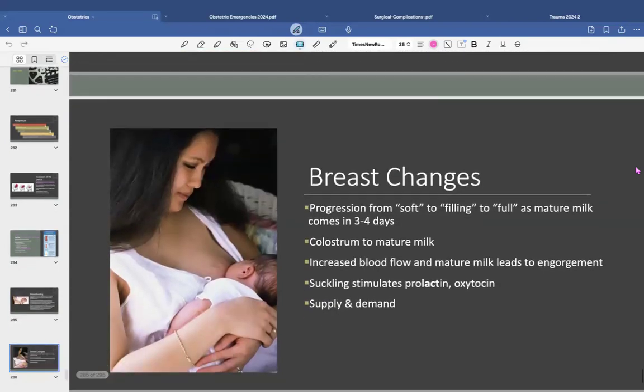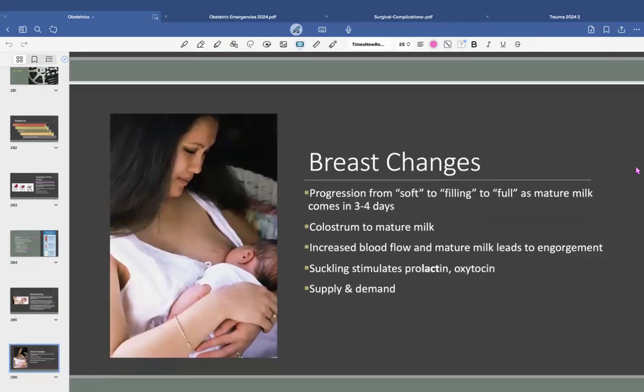There are changes of the breast. There's a progression from the breast going from soft, to filling, to full as the milk comes in. There is something called colostrum, which is a very watery type of production that happens the first few days after birth. This is full of immunoglobulins, antimicrobial properties, a lot of good stuff.